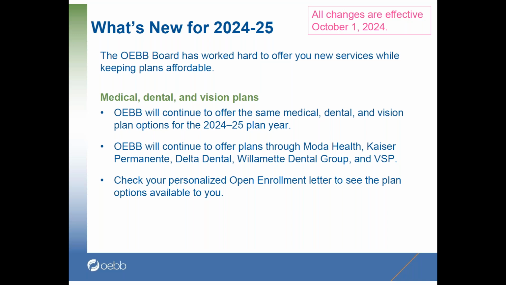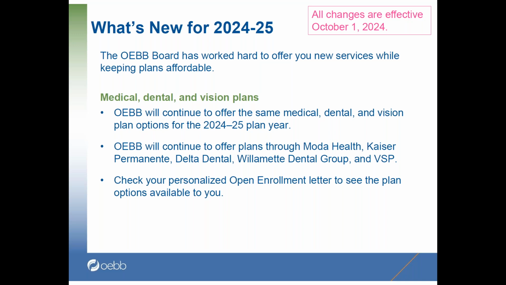Okay, so now we can talk about what's new for 2024-25. And please note, all changes that we are talking about here will be effective October 1st, 2024. So the board has worked very hard to offer new services while keeping plans affordable.